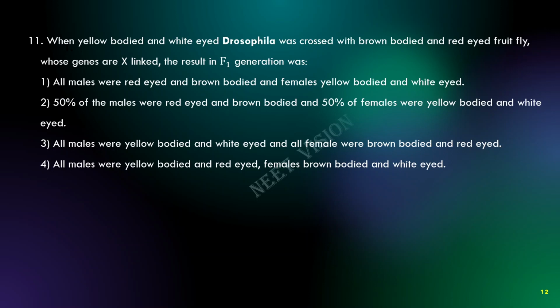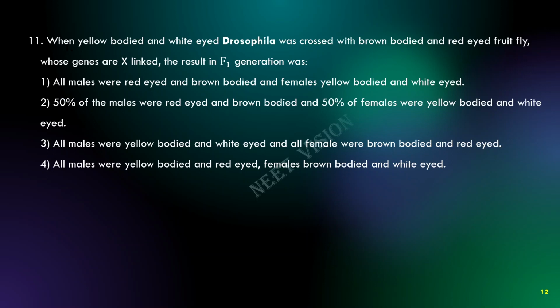When a yellow-bodied and white-eyed Drosophila was crossed with a brown-bodied and red-eyed fruit fly, whose genes are X-linked, what was the result in the F1 generation? In the F1 generation, yellow-bodied and white-eyed males were obtained, and brown-bodied and red-eyed females were obtained.